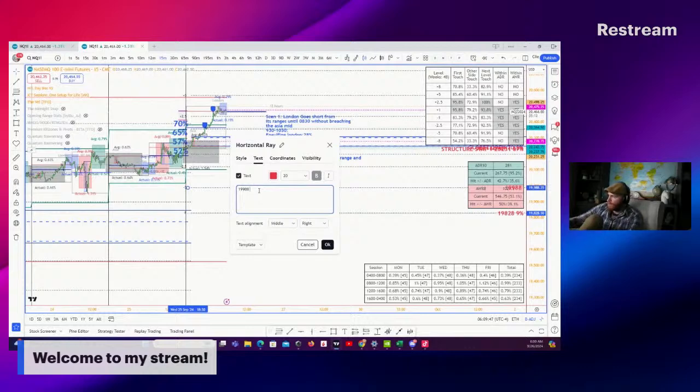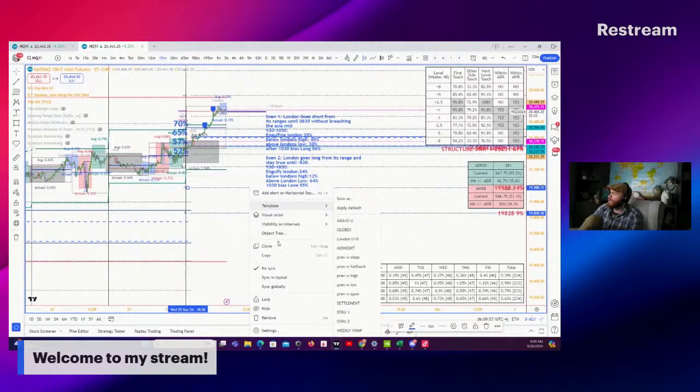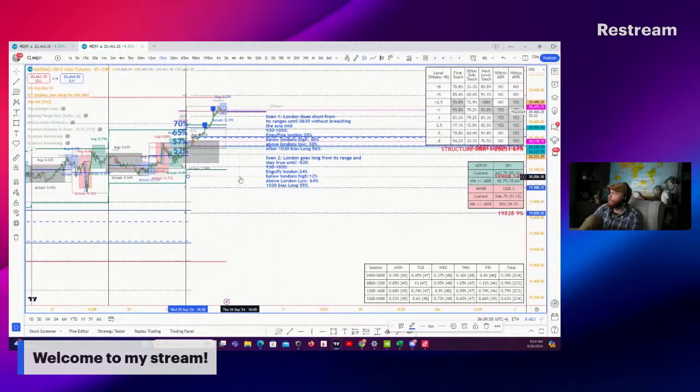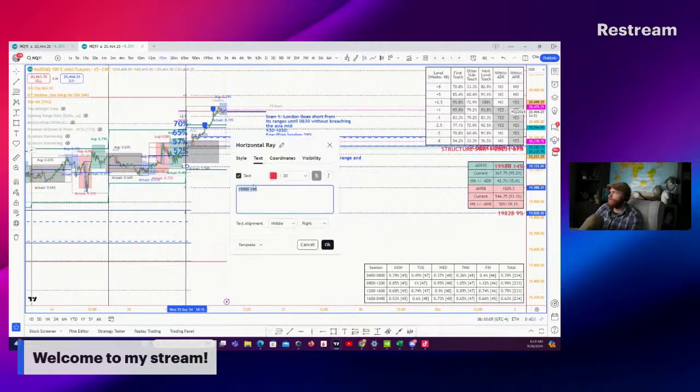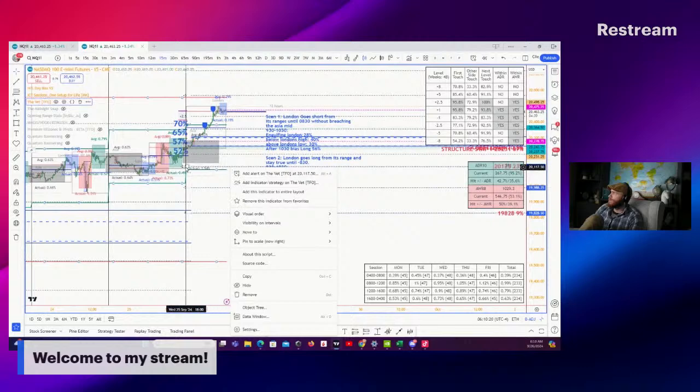This has a 14% probability of being hit, and that's out of 4,280 days. Put this one on. 20123. This has a 23% probability of being hit. Put the next one on.